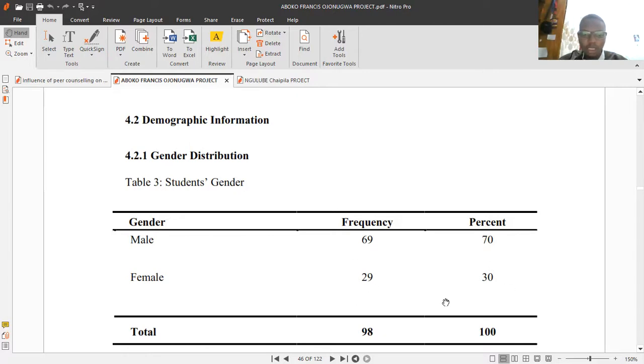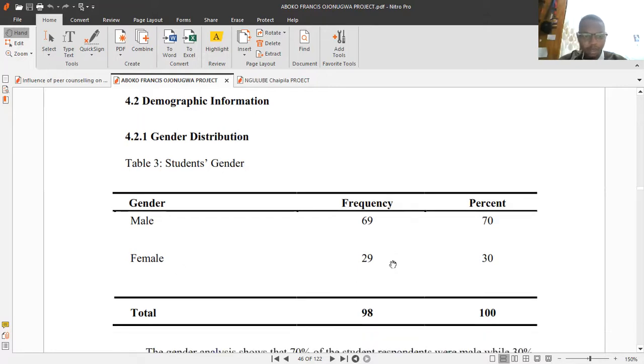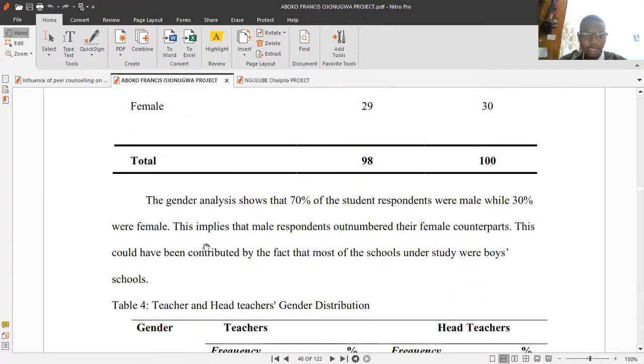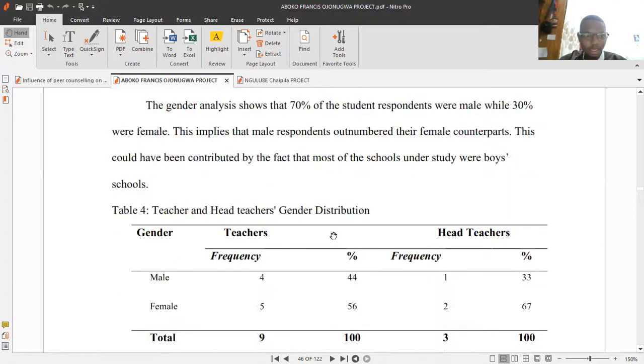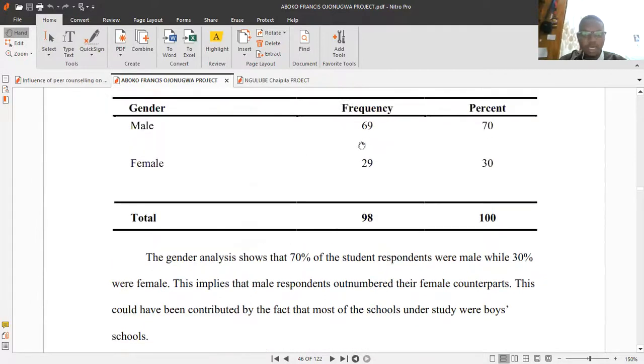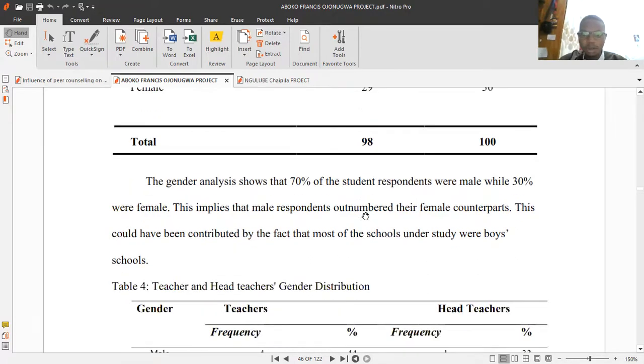But for Francis, 2019, he only did it for students, and then he also had the interpretation here. This could have been explained by the fact that most of the schools under study were boys' schools. It was justifying the reason why male are more than the girls. So you have it here, everything. All right.